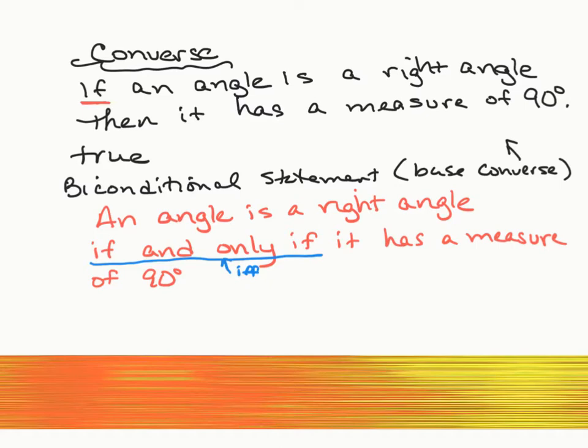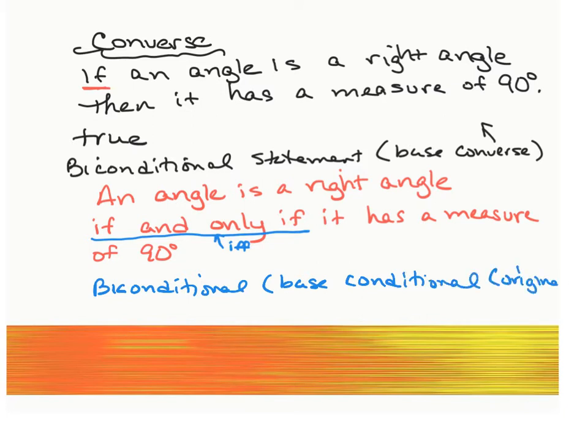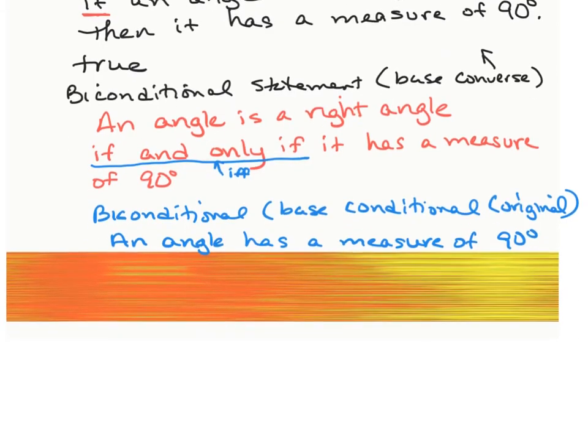We can do it also based off the original statement. So, same thing, biconditional, and we're going to base it off of the conditional, the original if-then. Based off the original, we're going to say an angle has a measure of 90 degrees, and I'm going to do it over here so it's not in the colored area.